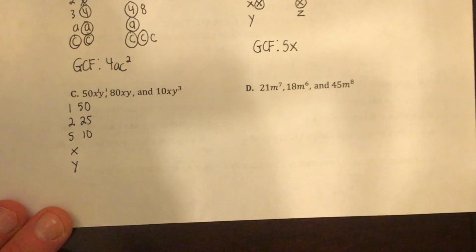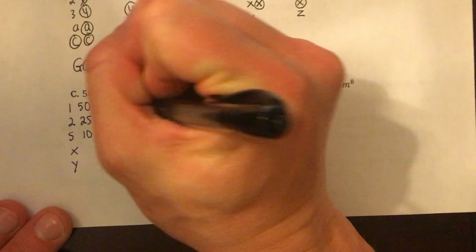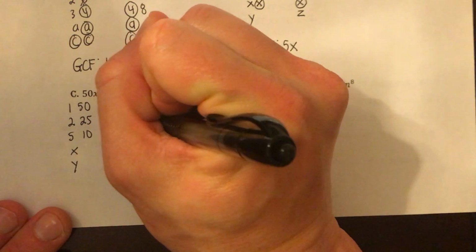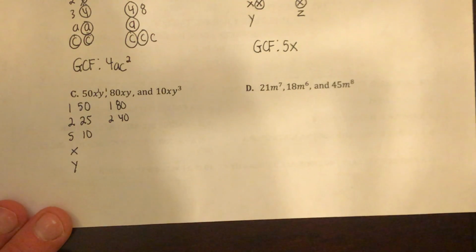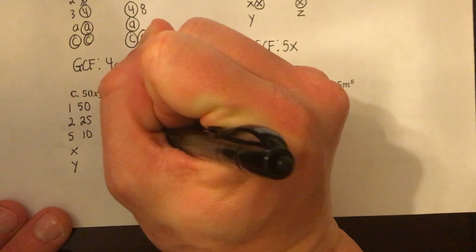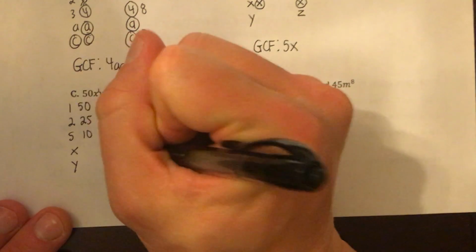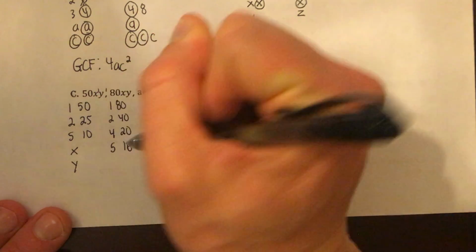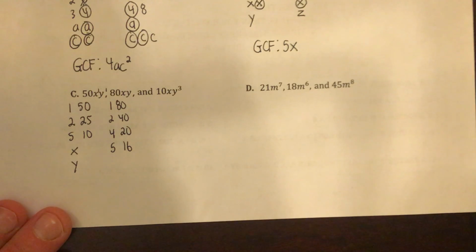Now I need to do the factor pair list of 80xy, so start with the 80. So 1 and 80. 2 and 40, 3 doesn't go in, 4 does, 4 and 20, 5 goes in, 5 and 16, 7, does 7 go in?